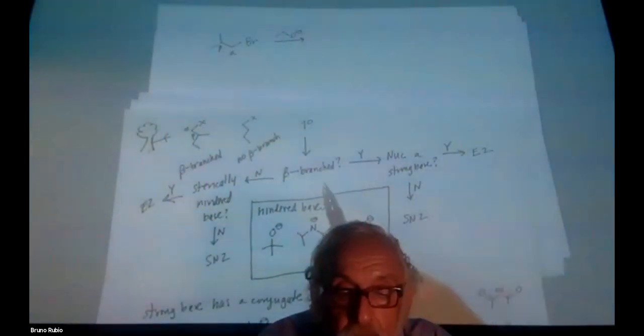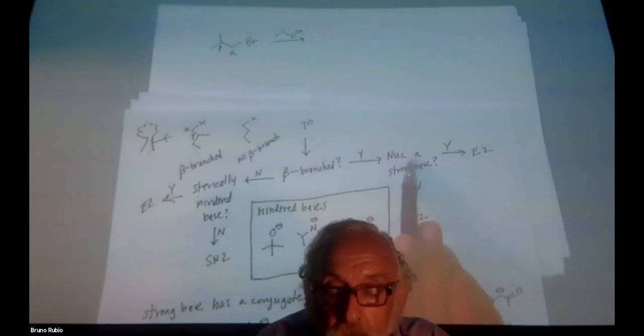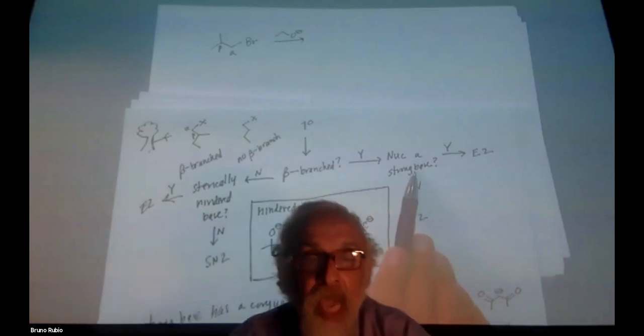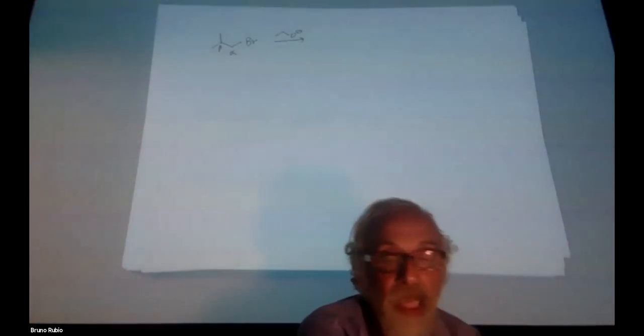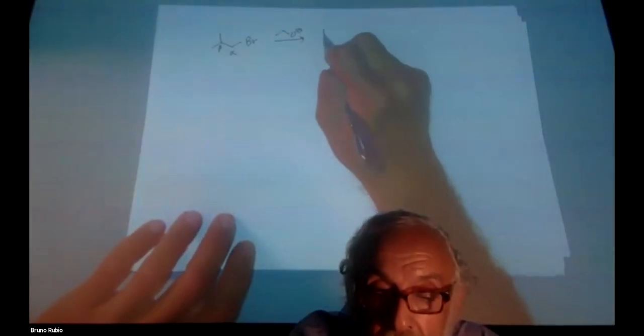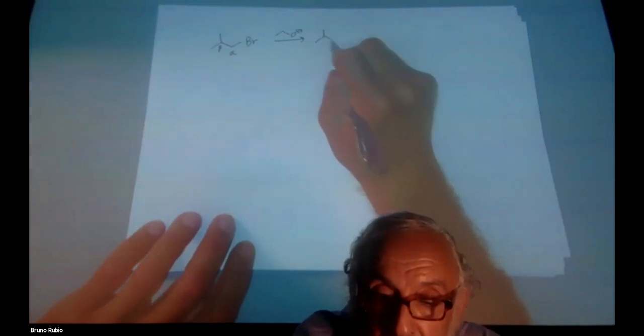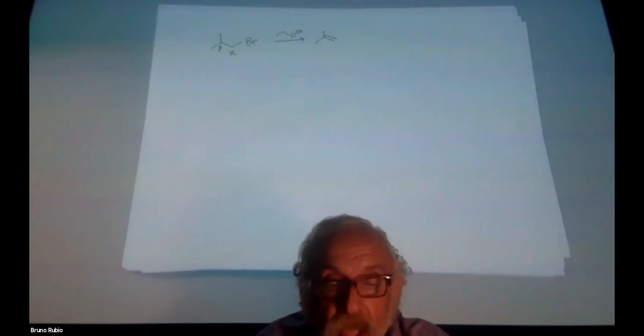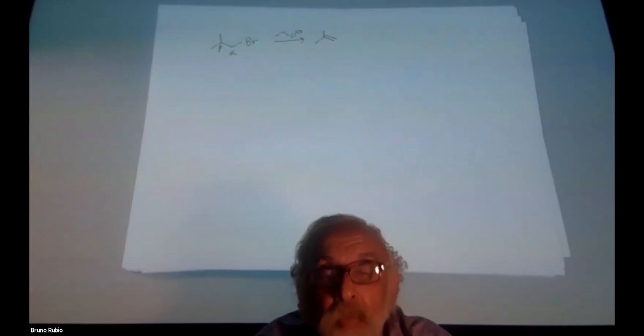For the primary substrate, primary, beta branching, yes. Nucleophile, a strong base, it is. It's an alcohol. pKa of the conjugate acid is 17. So that is going to be elimination as the major product, right? This is a beta branched primary substrate with a strongly basic nucleophile.